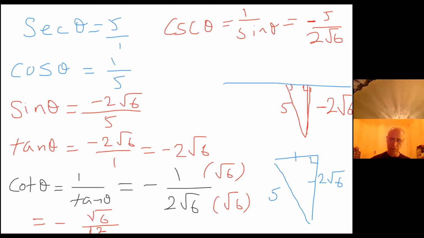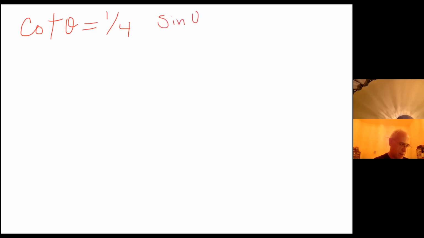Okay, let's do one more, just for the sake of discussion. Let's do number 50. We have cotangent of theta equals 1/4, and we know that sine of theta is smaller than 0, so that's negative.